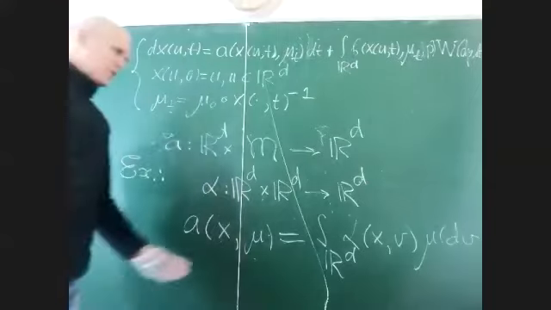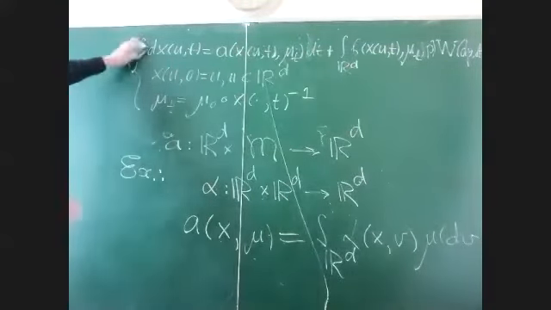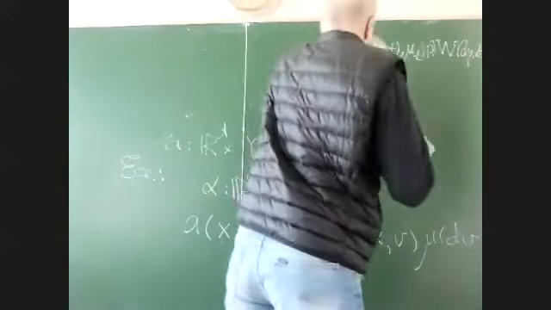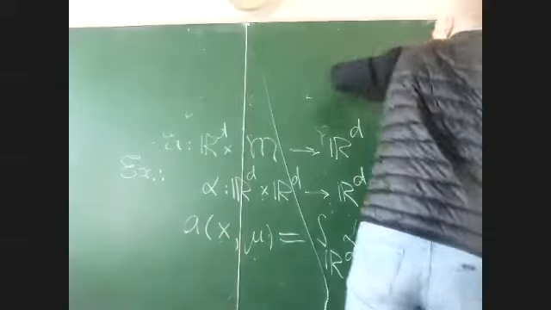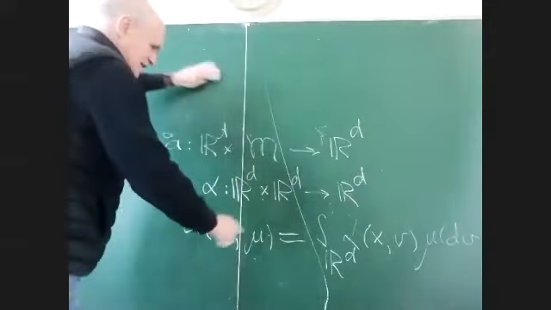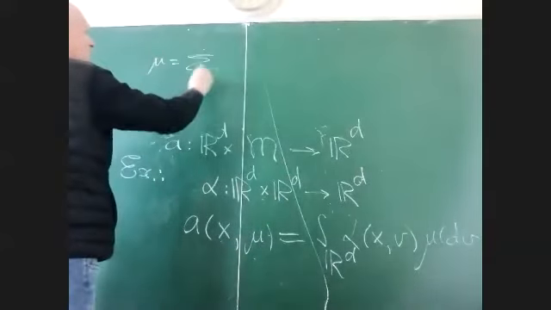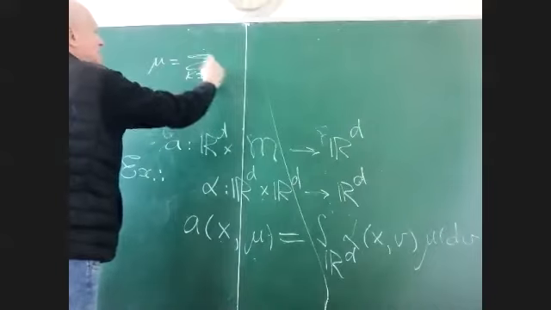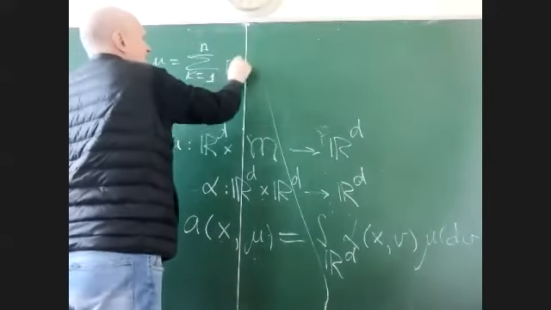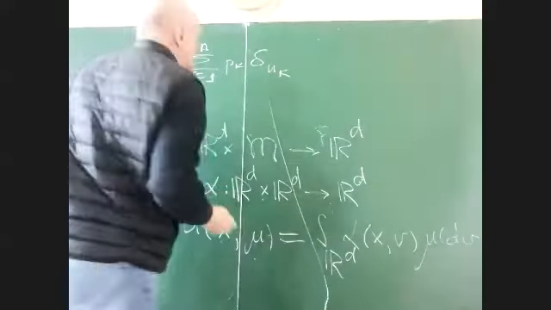Why am I choosing such a form of the coefficient? Let me explain that when we have a discrete measure mu, for example, suppose that mu is just the sum from k equals 1 to n of p_k delta_{u_k}.